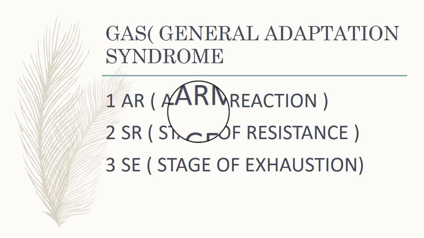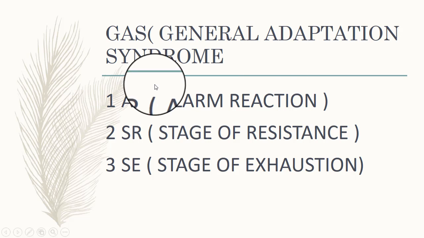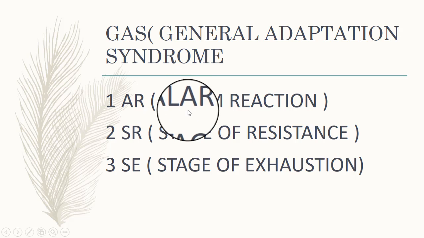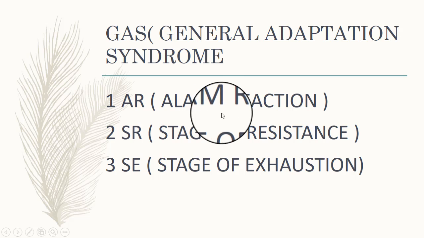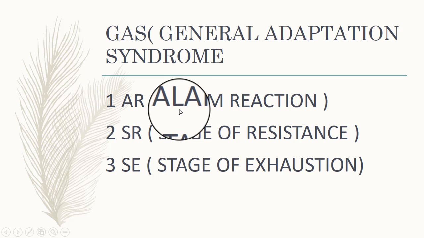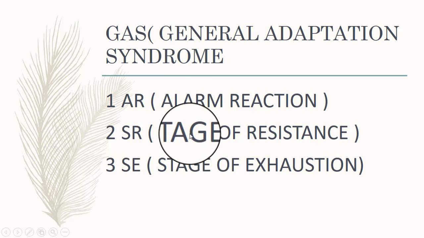Cardiac, increased heart rate. Respiratory, increased respiration. Skin, decreased temperature. Hormonal, increased stimulation of the adrenal glands, which produces an adrenaline rush. So these are the changes in the body in alarm reaction.